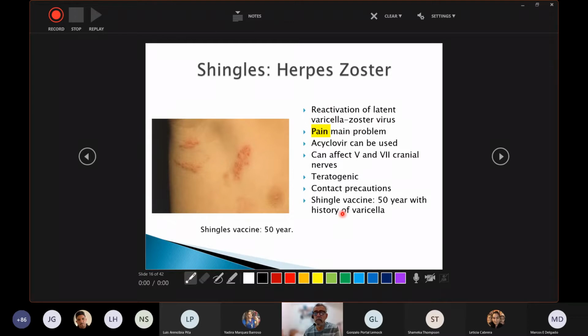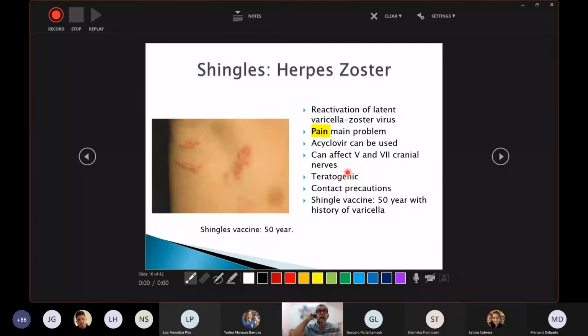Varicella zoster virus could be teratogenic. So a pregnant woman should not be dealing with any of those viruses that are transmitted through the air, either droplets or airborne.